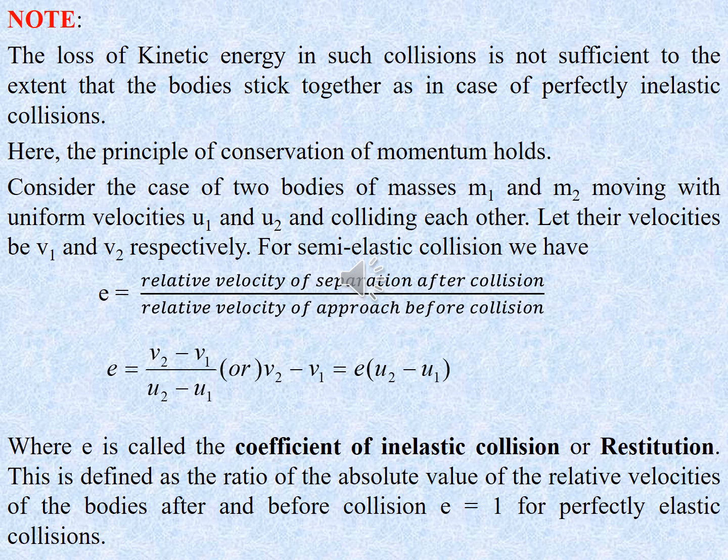That is, e is equal to v2 minus v1 by u2 minus u1, or v2 minus v1 is equal to e into u2 minus u1, where e is called the coefficient of restitution. Restitution means the ratio of the absolute value of the relative velocities of the bodies after and before collision. e is equal to 1 for perfectly elastic collisions.